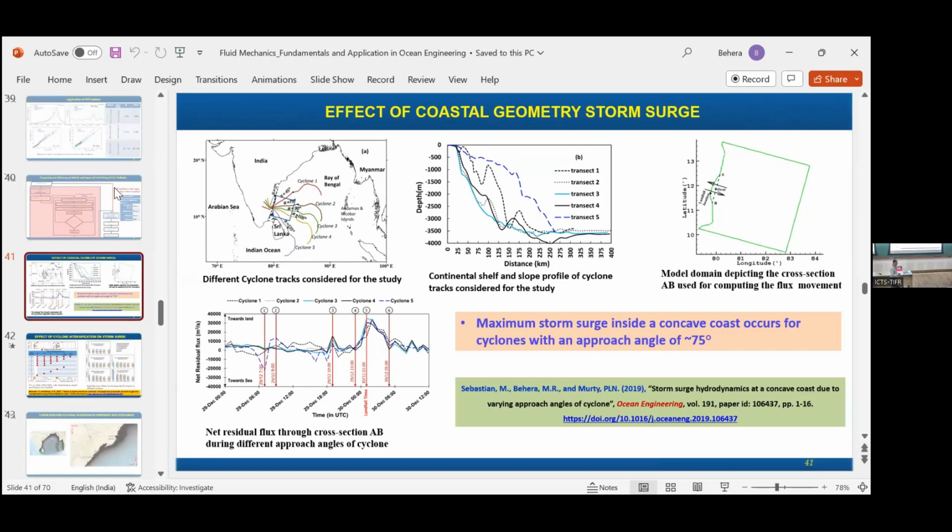On the left side, it is slightly less. Now if this angle is 75 degrees, what happens when it is pushing? This is the area where it will keep on pushing, and the area available for the water to escape is going to be very, very less. That is why the maximum flooding takes place. That is the basic flow physics, or fluid dynamics, that was analyzed.